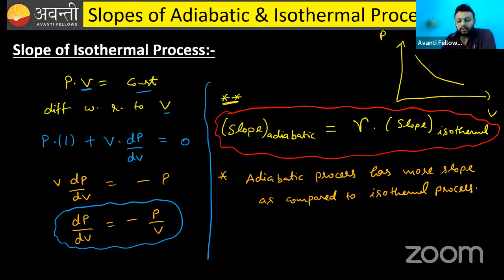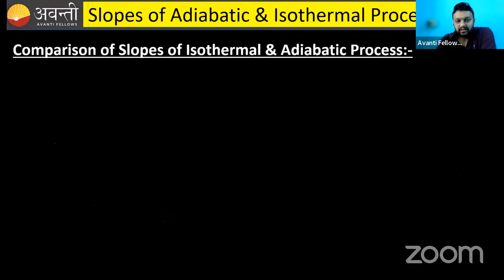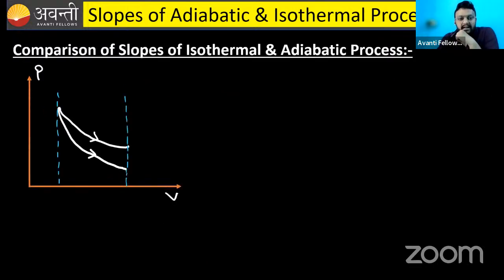Now, the question that should come in your mind, or that will come in your exam, that, for example, there is a graph mentioned on your screen. On your question paper, there is a graph given, and you need to identify out of these two graphs which may represent isothermal process and which may represent adiabatic process. That's the thing that you should answer. This is the question that is asked from you.